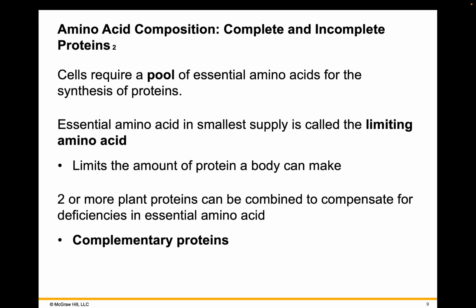Now, something that vegetarians have to do, and we'll talk about this in the final screencast, is what is referred to as complementary. What can happen is 2 or more plant proteins can be combined, and this compensates for deficiencies in essential amino acids. So you'll hear this term as complementary proteins.